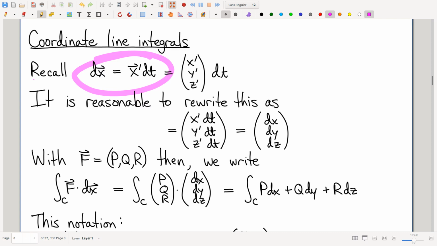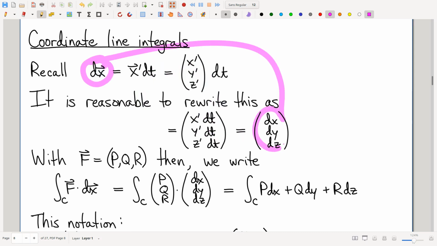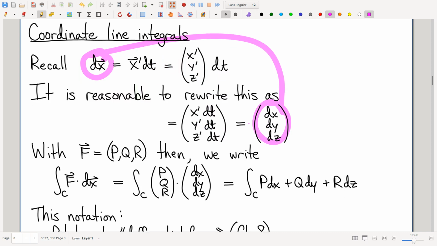But you can write that in coordinates, can't you? That's just multiplying out. There's nothing new, really, in what I have in purple there. That's just plugging in what we know about these things. And so what that gives us is a coordinate point of view on what the dx vector is. So we can now write the dx vector in coordinates.